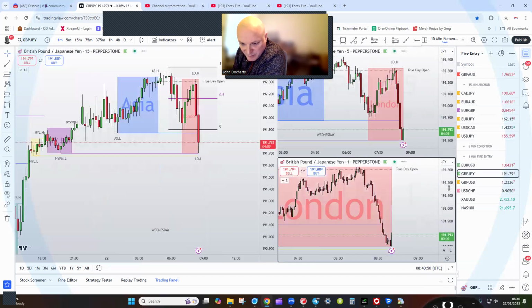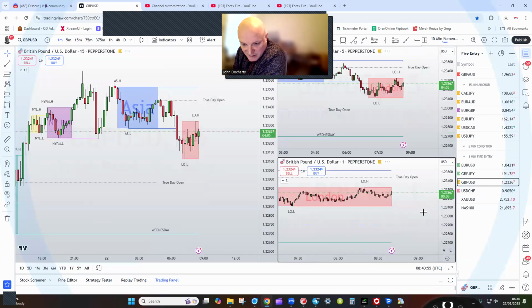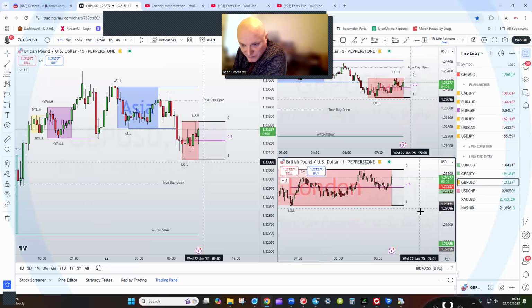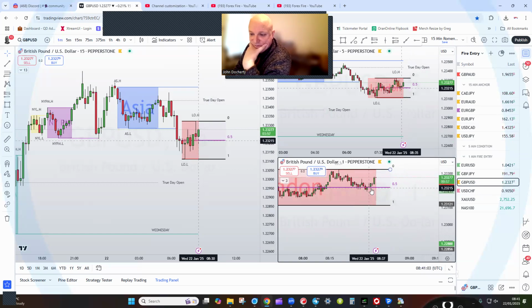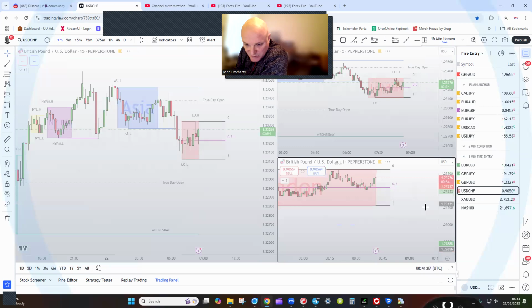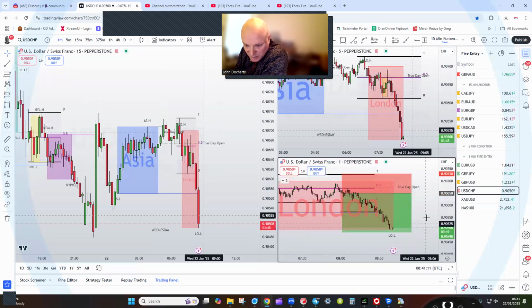The GBP JPY, we hit 2%. The GBP USD, again, we're waiting for a bearish followed by a bullish engulfing after the 50% touch. We haven't got it just yet. USD Swiss franc, nearly at 2% on this as well.